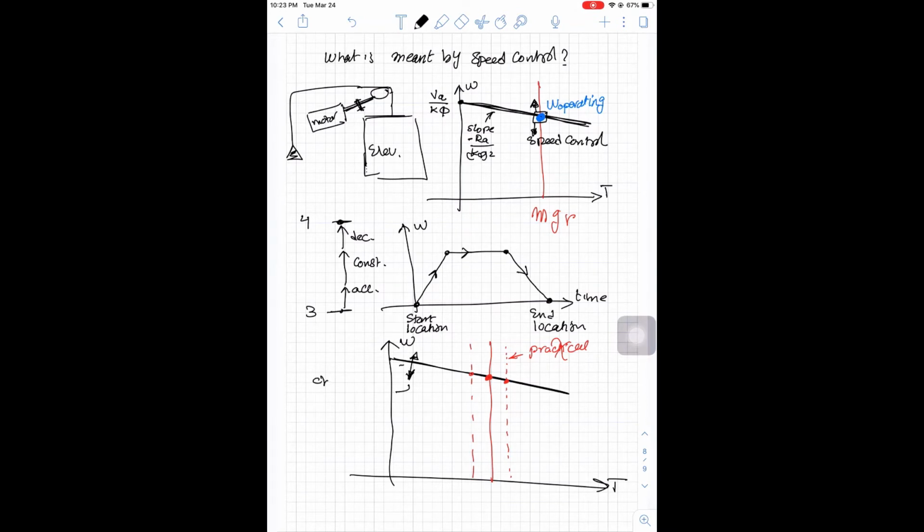So if we can change the motor characteristic, we can do speed control. So speed control means we need to change the motor characteristic so we can change the speed of our motor and load, so we can speed up or speed down.